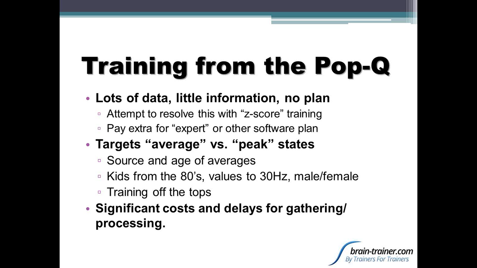There's another problem which is a really interesting one, and that is if you're using this system, you are comparing an 8-year-old kid who comes into your office today with an 8-year-old kid from the 1980s, or a great number of them, and possibly into the early 90s.